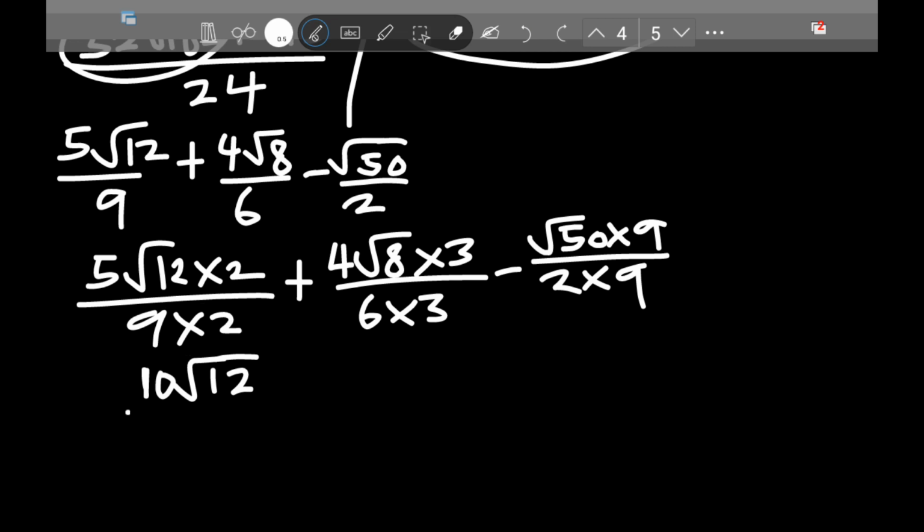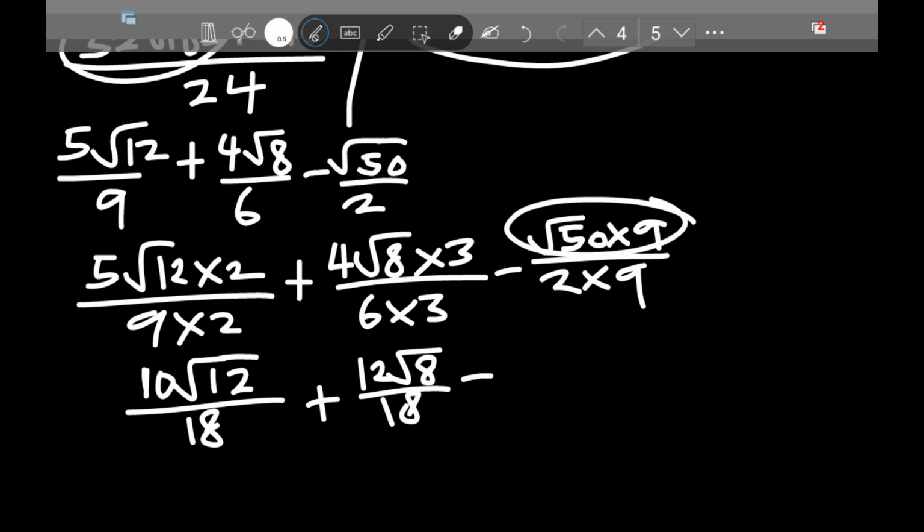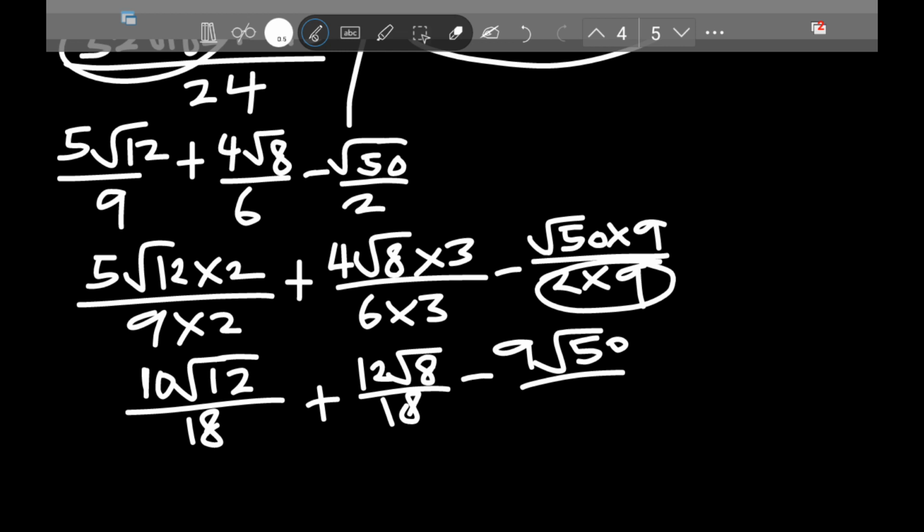Nine times 2 is 18 plus this sign over here. 4 root 8 times 3. So you should get 12 root 8 over 6 times 3 is 18 minus root 50 times 9 is basically 9 root 50 over 2 times 9 is 18.